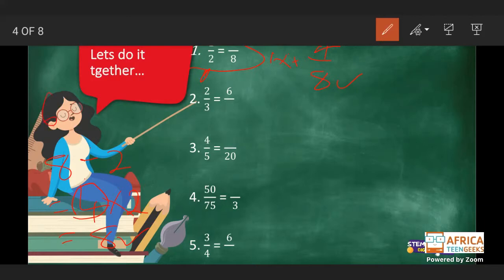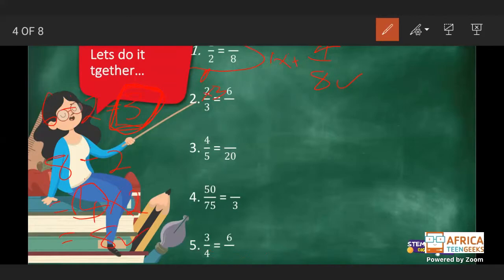So we'll have 6 divided by 2, and that will give us 3. So they used 3 to multiply both numbers, since 2 multiplied by 3 equals 6.